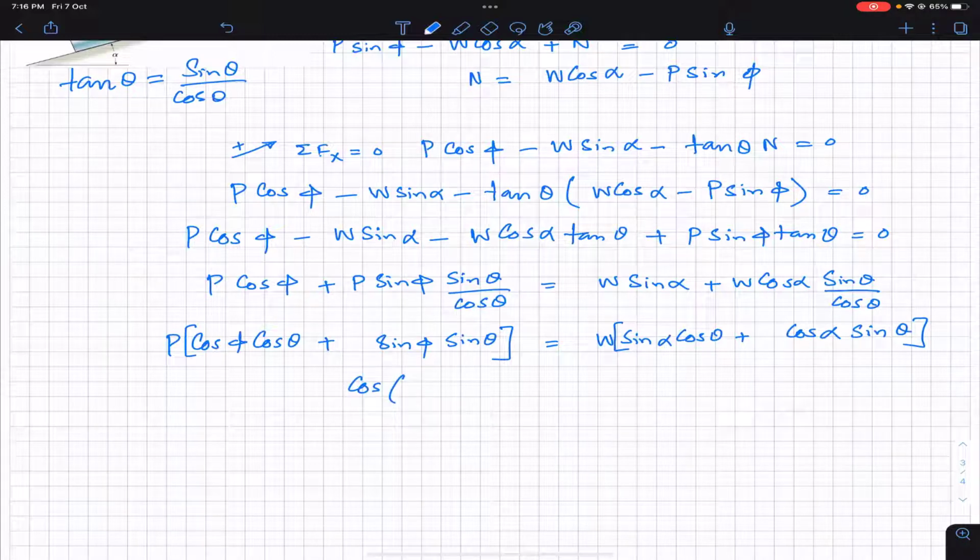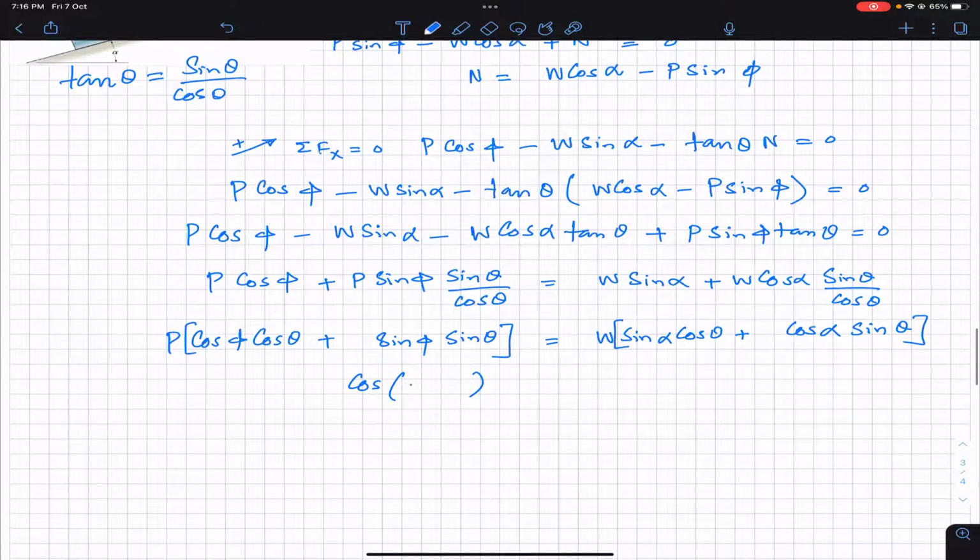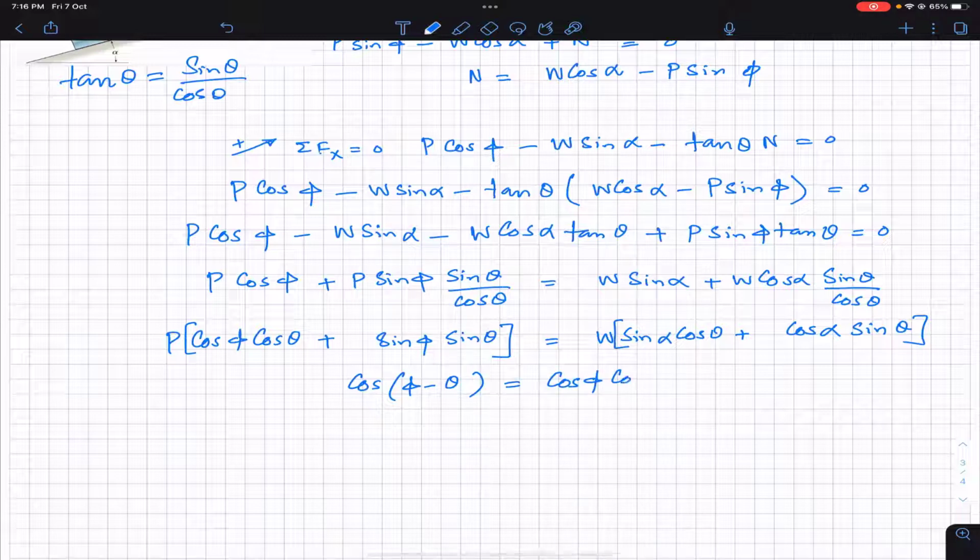So now, as we know from trigonometry, cos of α plus β, or instead let me write cos of φ minus θ, this will be equal to cos φ cos θ plus sin φ sin θ. This is from trigonometry, right?